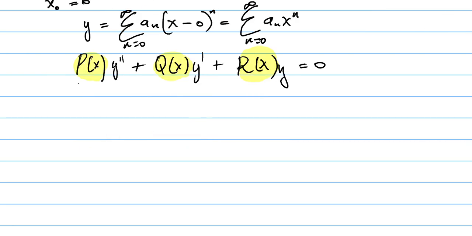If p of x naught, bear in mind that is x naught, is not equal to 0, then we say x naught is an ordinary point.